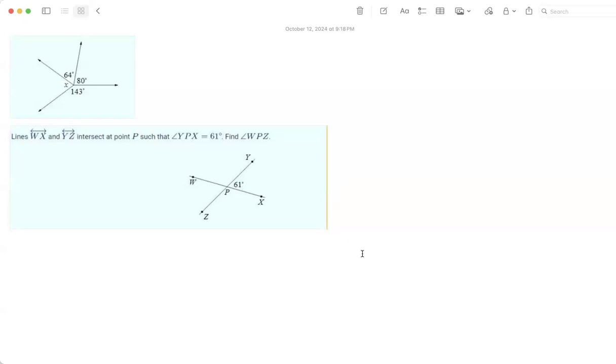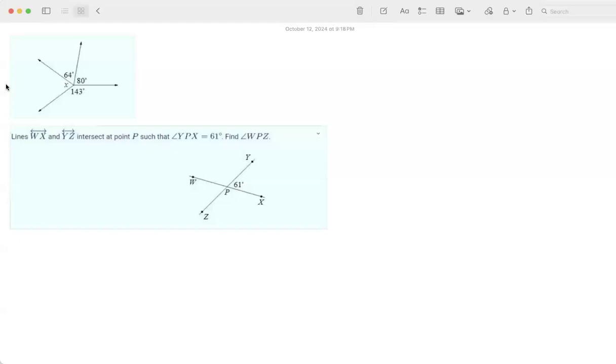We'll move on. Now lines WX and YZ intersect at point P such that angle YPX is equal to 61. What is YPZ? Guys, these are easy ones. They should be doable. What is that? 119. I asked you about YPZ.